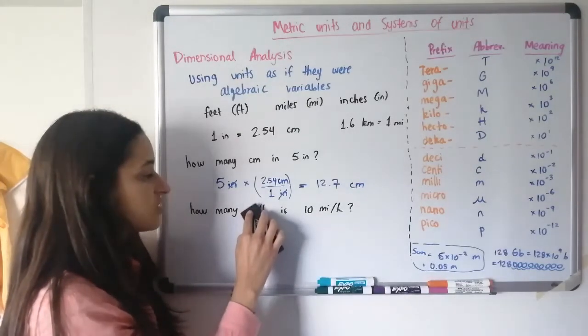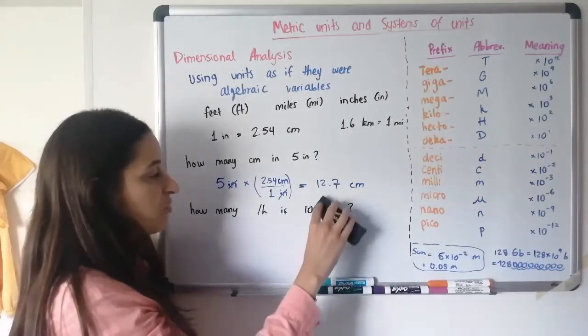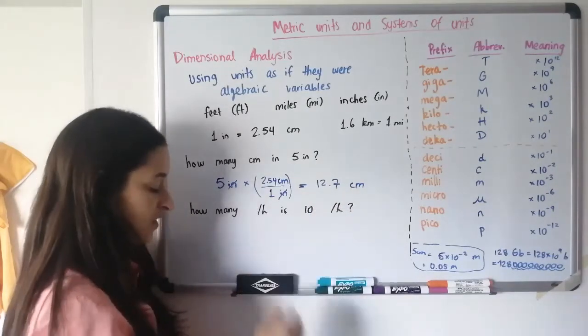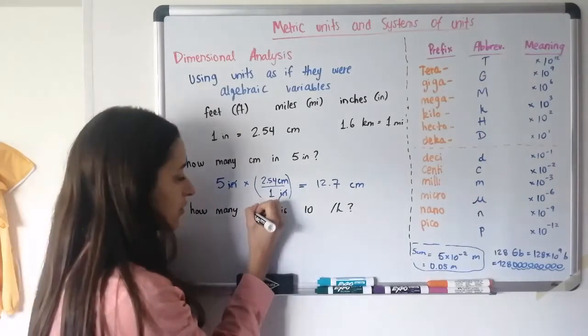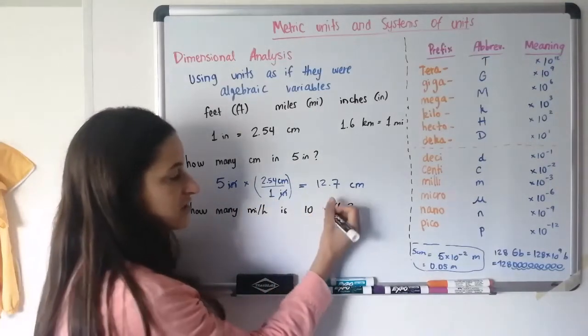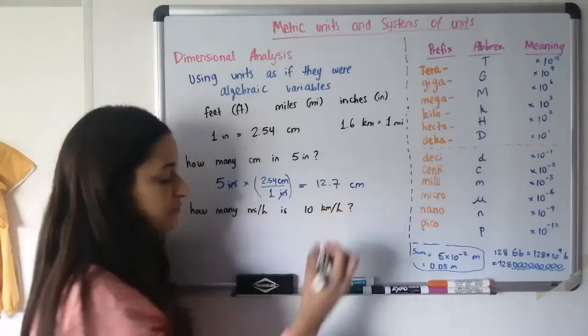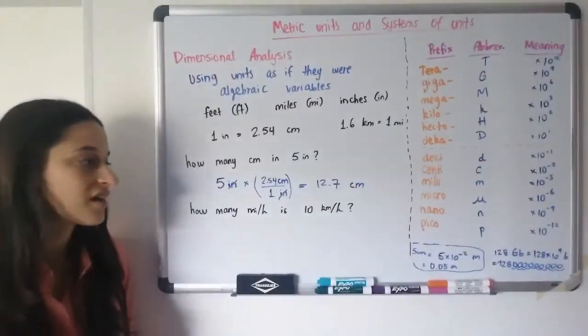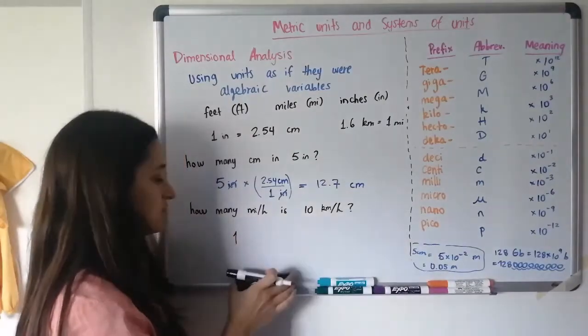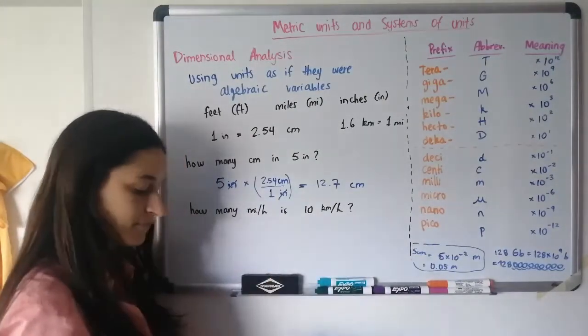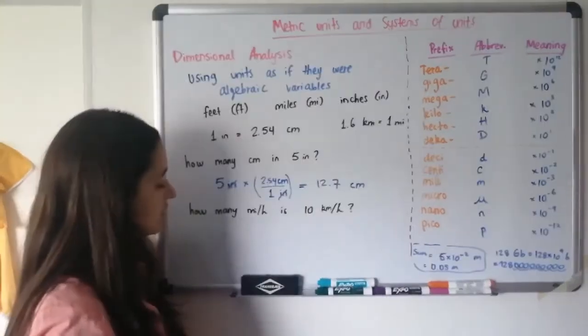So let's say we still have the 10, but we want to know how many miles per hour is 10 kilometers per hour. So we start exactly the same way, with 10 kilometers per hour.